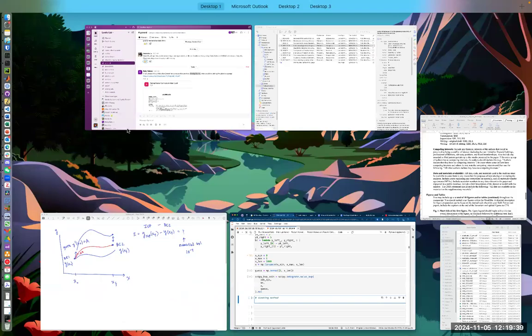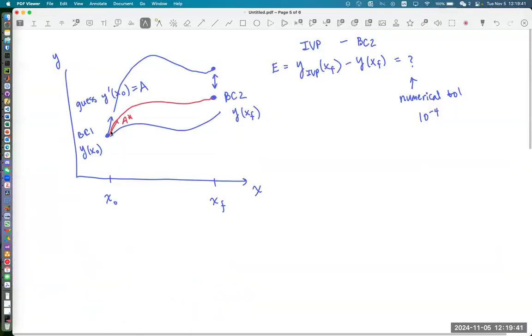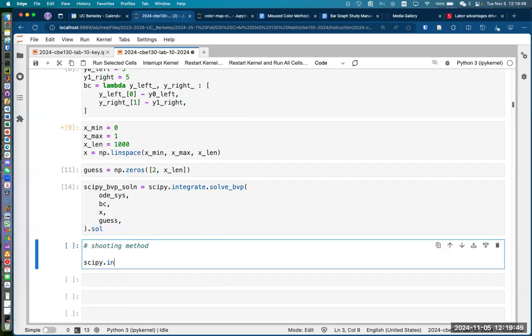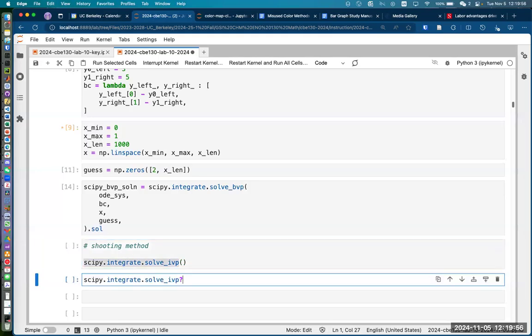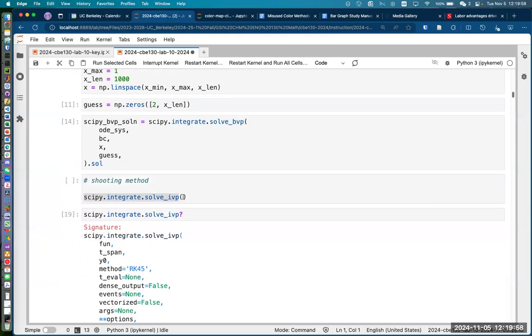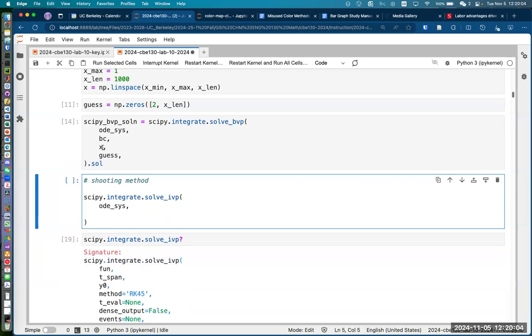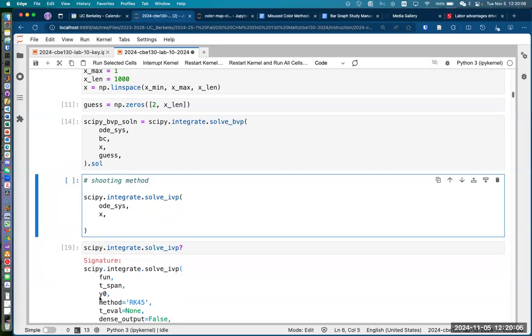For shooting method, we first solve an initial value problem. So first use a solve IVP, and then we iterate by changing A. So we first establish a solve IVP. And what does solve IVP need? It needs the function, which we already defined as ODE system. It needs the t-span, which is x that we defined, and the y0, which is the initial conditions.